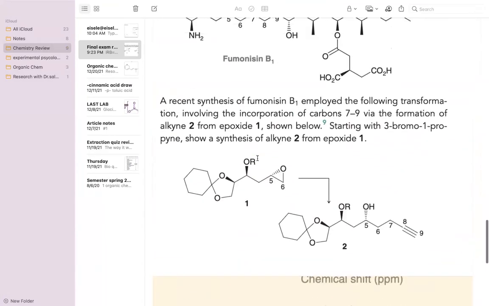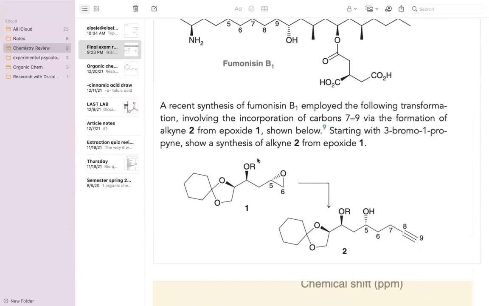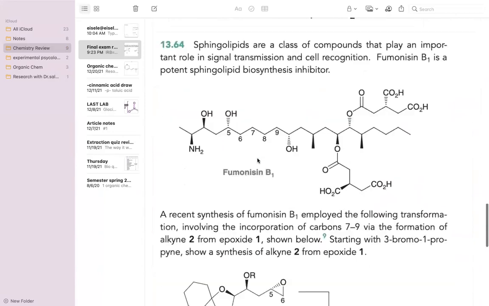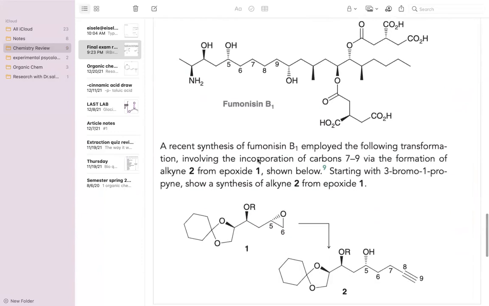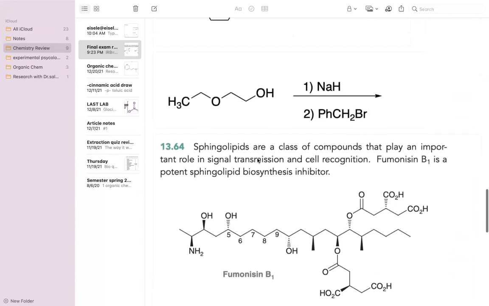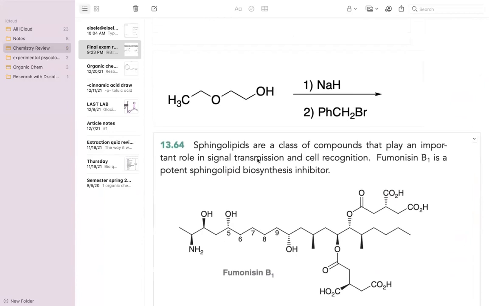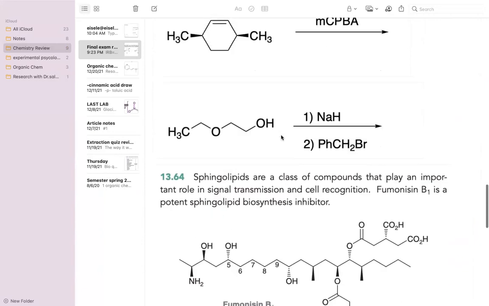Let's see what other problems you got. Well, this is a tough one. I don't know what I want to go with this one. Should I? You guys want to try 64?